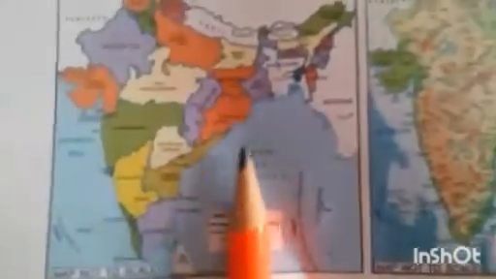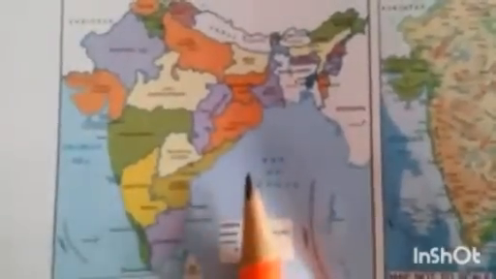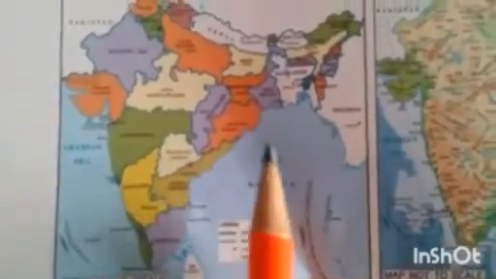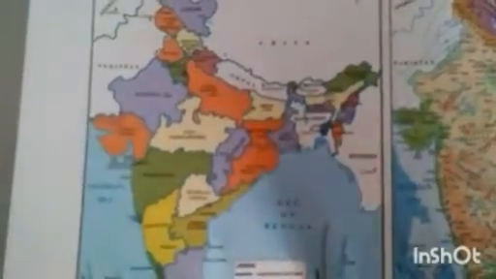Scale I will be telling you later. Maps are drawn with the help of aerial photographs. Aerial means operating in the air, or photographs taken from an aircraft.